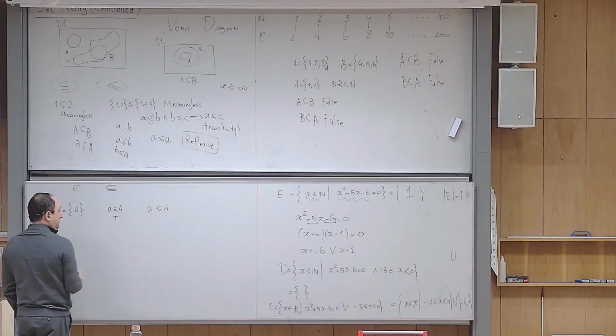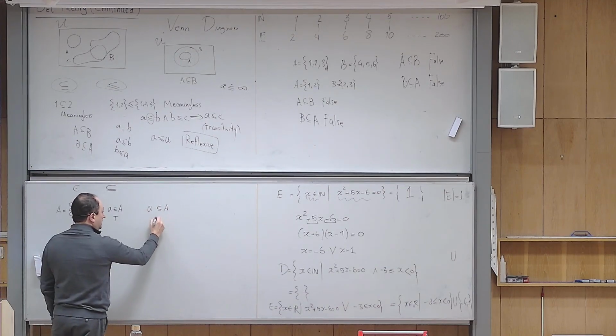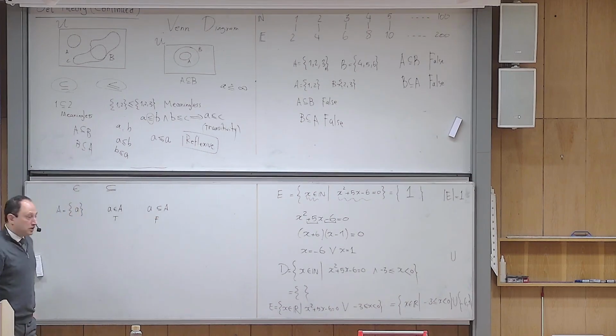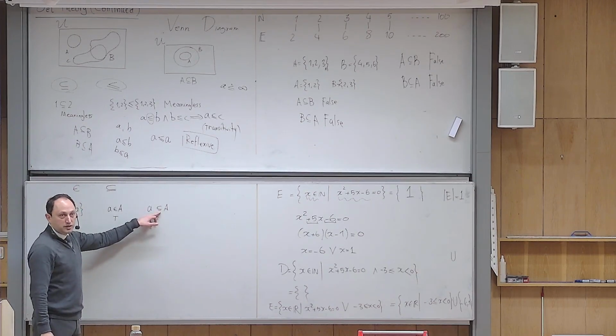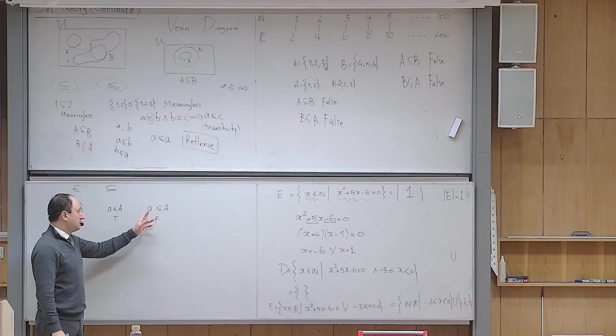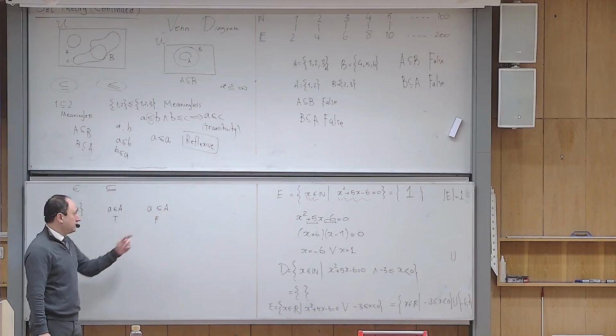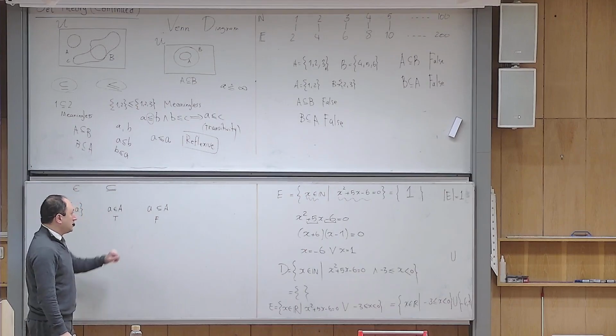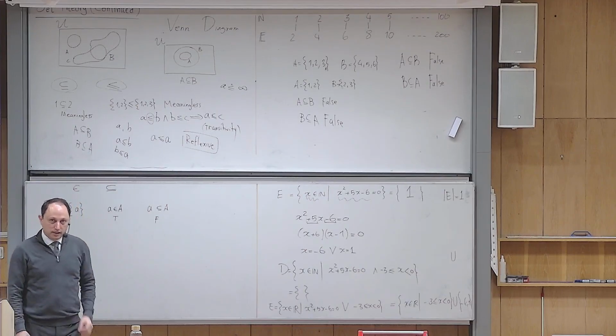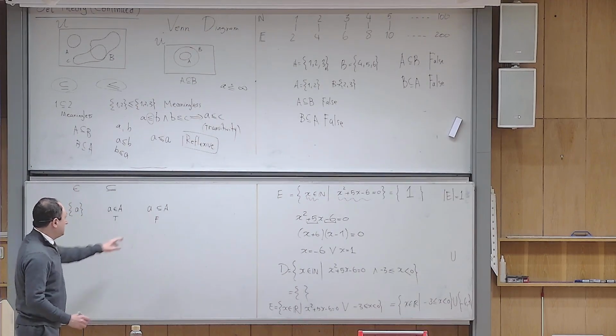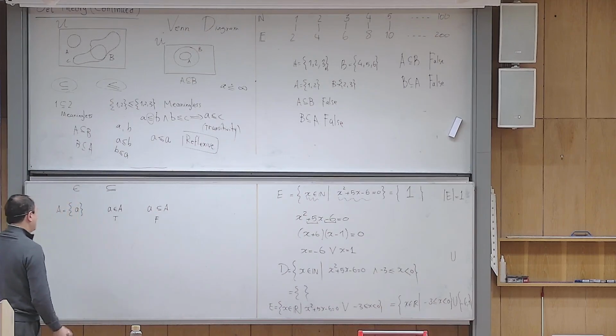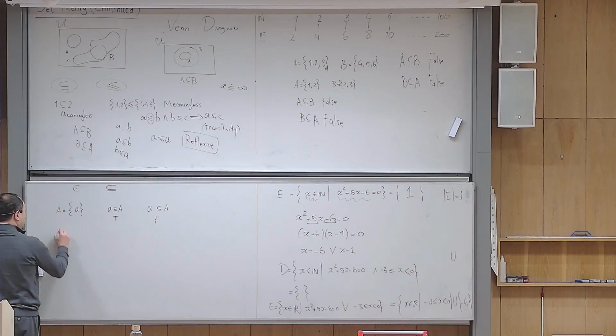So this is true. But this one is even meaningless. Because when you see this symbol, what you expect is to have sets on the left-hand side and the right-hand side. So the right-hand side is a set, but the left-hand side is just one single element. Yes? So we cannot even use this symbol. But, for example, let me write this one.